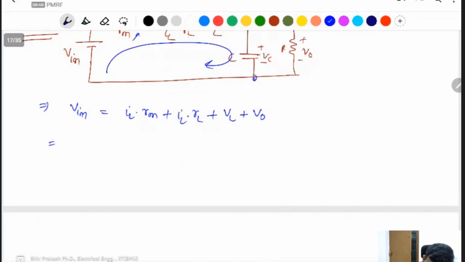Then what is the VL? Inductor voltage is V in minus V naught minus I L times R on plus RL. Written like that.